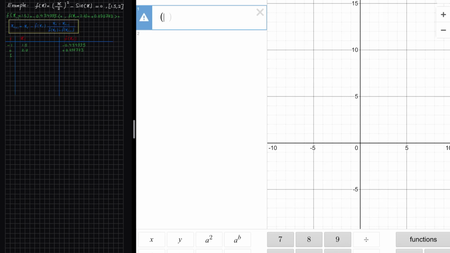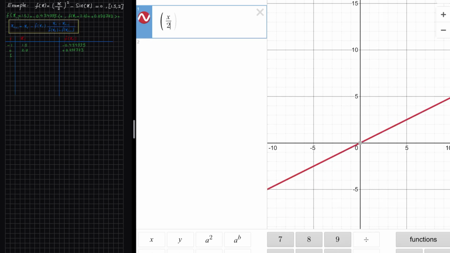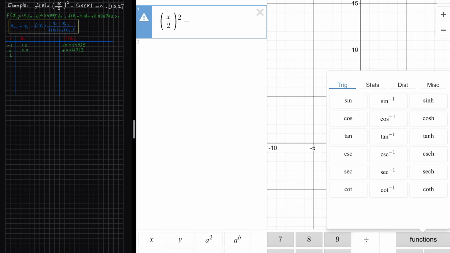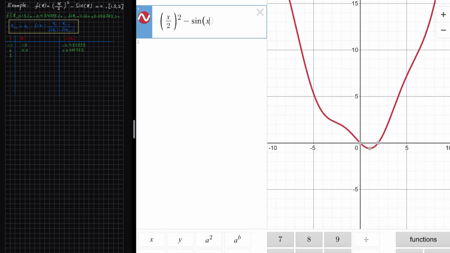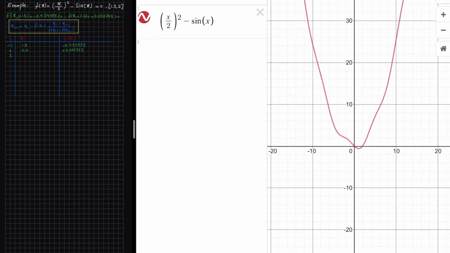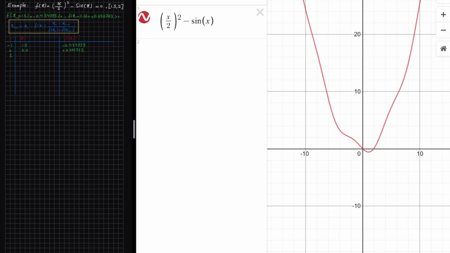So x divided by 2, squared, minus sin x. So this is the graph of the function, as we already saw.